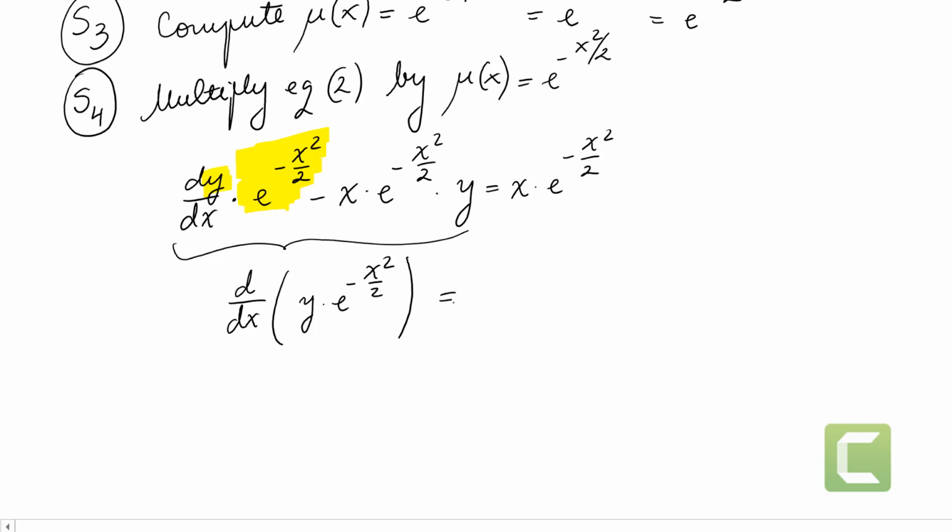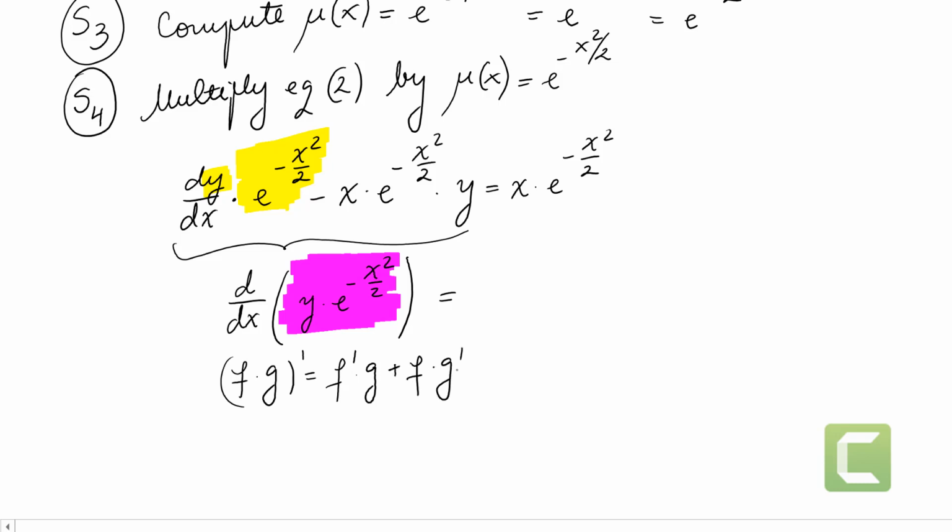So you can try that. You can try to differentiate this term, where y, of course, is a function of x, using the product rule, f prime g plus f g prime. You are going to obtain exactly the left hand side, and it equals the right hand side, which is x times e to the negative x squared over 2.